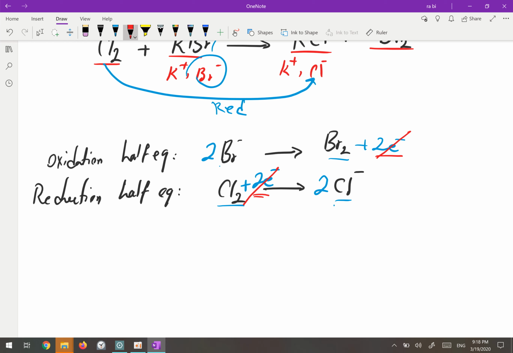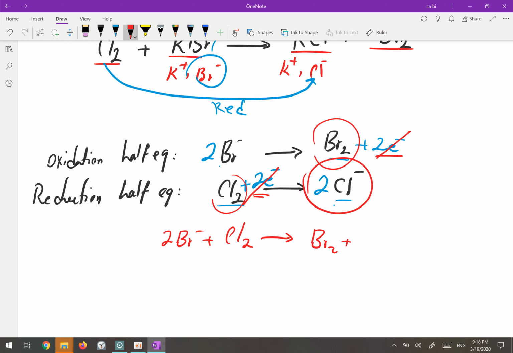You can cancel them if they are exactly the same. Okay, so at the left side you will have 2 Br minus plus Cl2, and at the right side you have Br2 plus 2 Cl minus. So this is the redox equation.